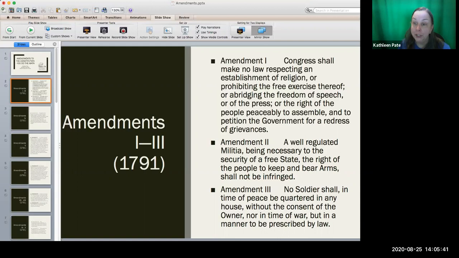Looking at Amendment 2 is something that's in the news a lot, right? How's the Supreme Court interpreting Amendment 2, the right to own guns? Is that what it means, that individuals have the right to own guns? And Amendment 3 doesn't get a lot of discussion, because it hasn't happened since when?